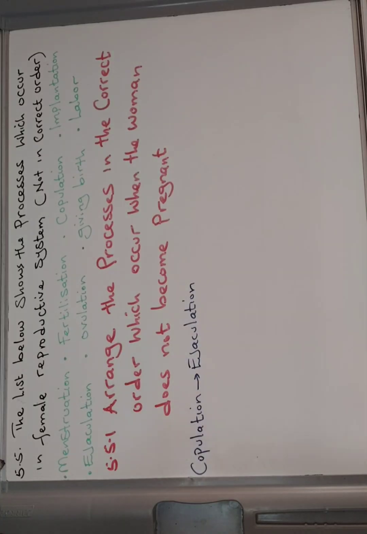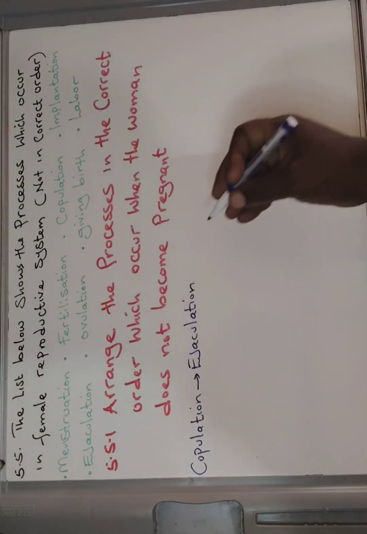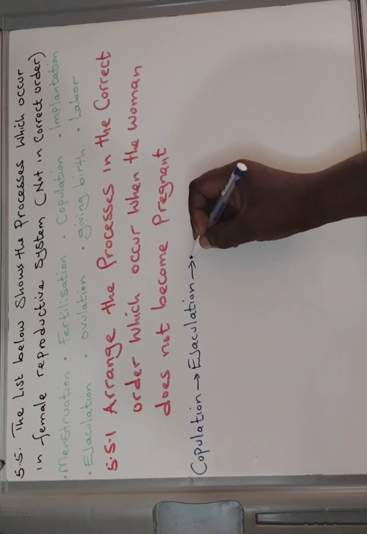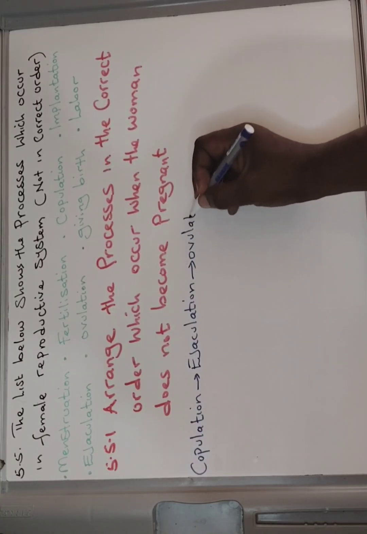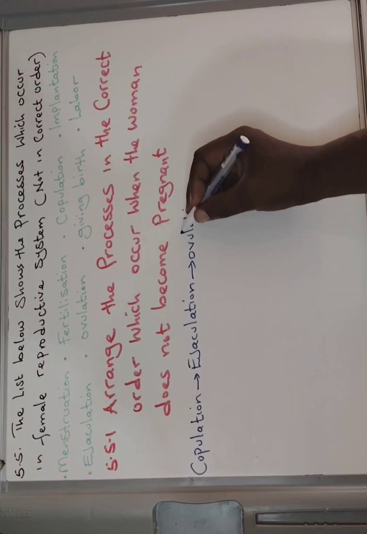So when the sperms are released from the male organ into the female's reproductive system, what is the next step? Suppose the woman is at the right time, ovulation might occur. Our assumption is that we are at that very moment when ovulation occurs.